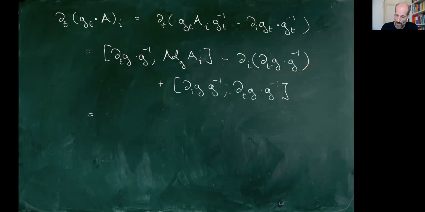If you combine the two, what you recognize is just the covariant derivative of dtg g inverse in the direction of gt acting on A.